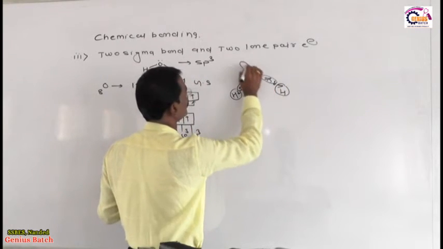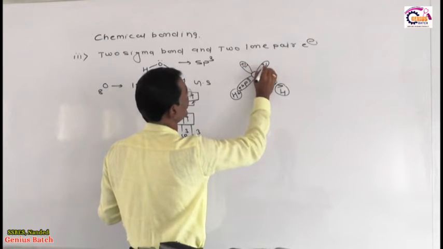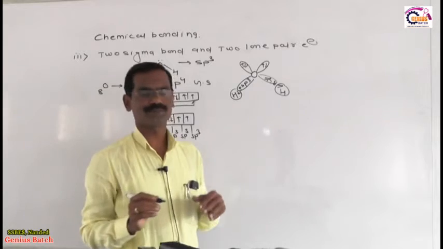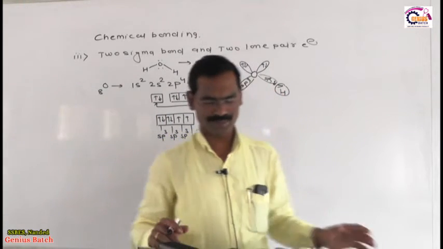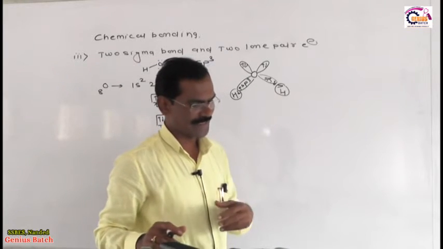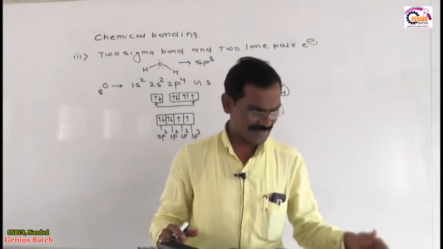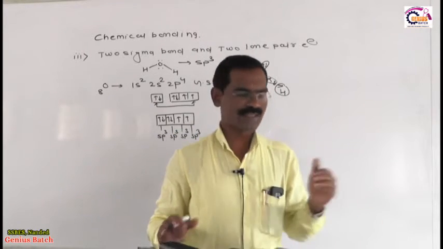Finally, 2 lone pairs of electrons are also present in the hybrid orbitals, and therefore due to lone pair repulsion the geometry of this molecule is different and the bond angle is different. In place of 109 degree 28 minute, the bond angle of this molecule is reduced.